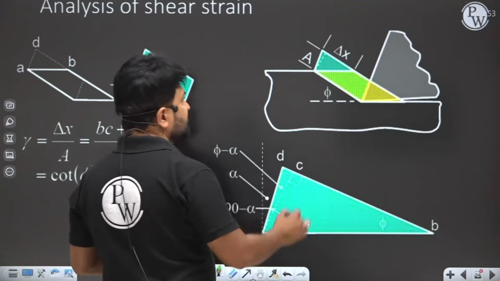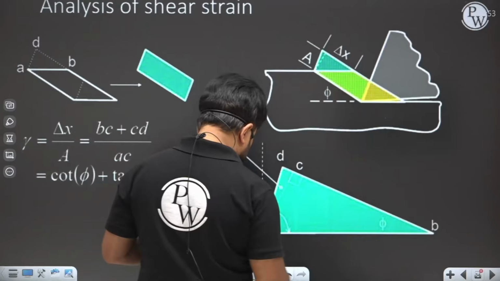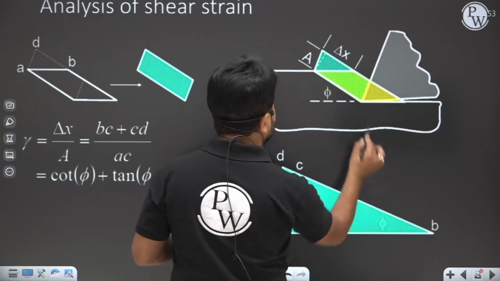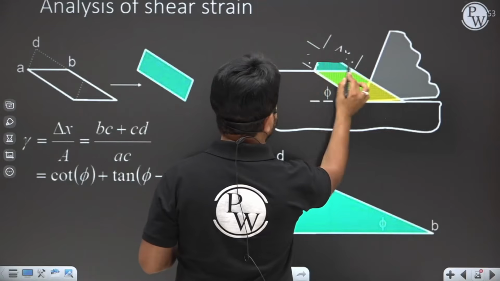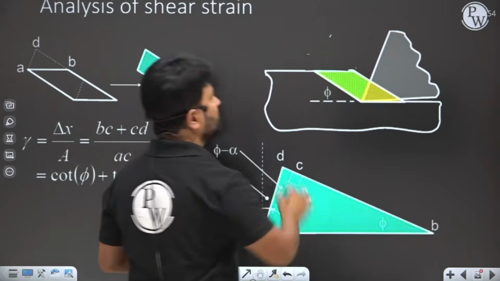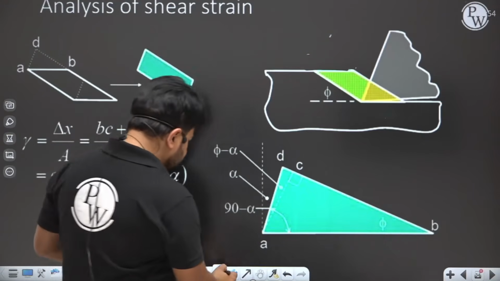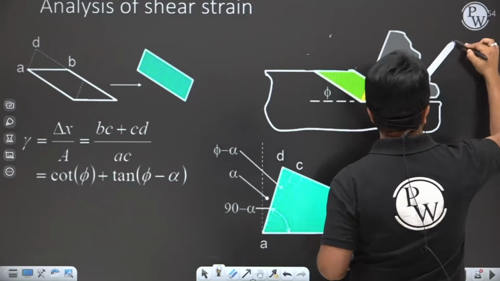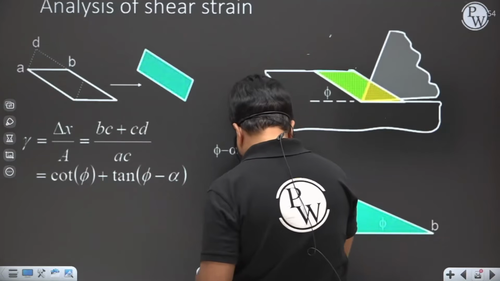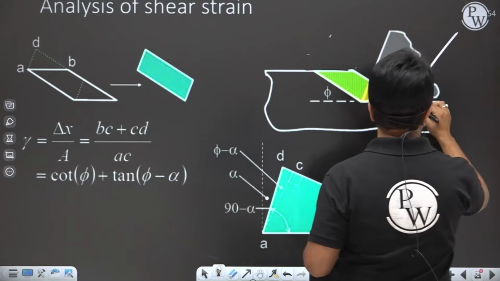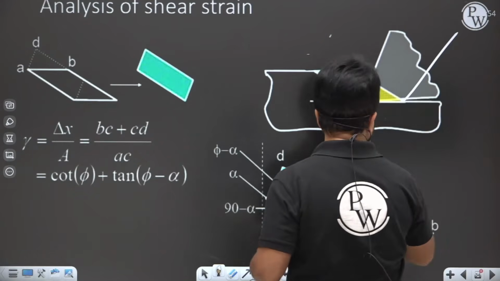Suppose that this is your tool. Just forget this one. Now suppose that initially the tool is here.